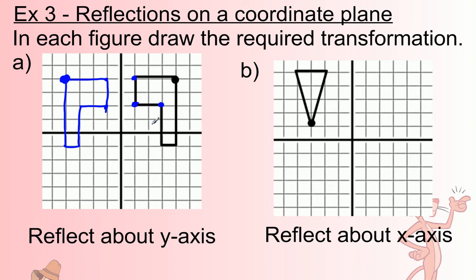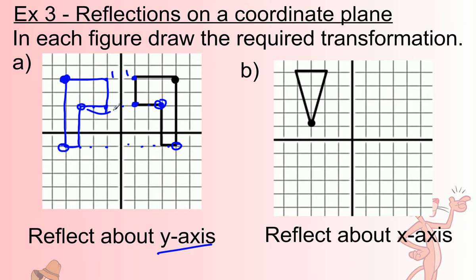Now one thing that's kind of cool about a reflection is the distances on both sides of, in this case, the y-axis should be the same. So I'm going 1 here, 1 here. This is 1, 2, 3, 4 units to that point, 1, 2, 3, 4 units to that point. 1, 2, 3, 1, 2, 3.